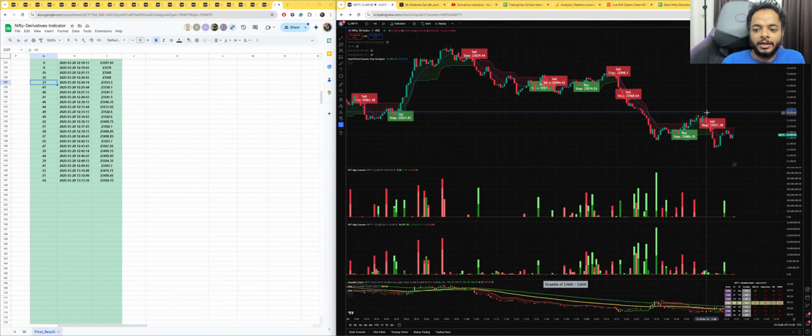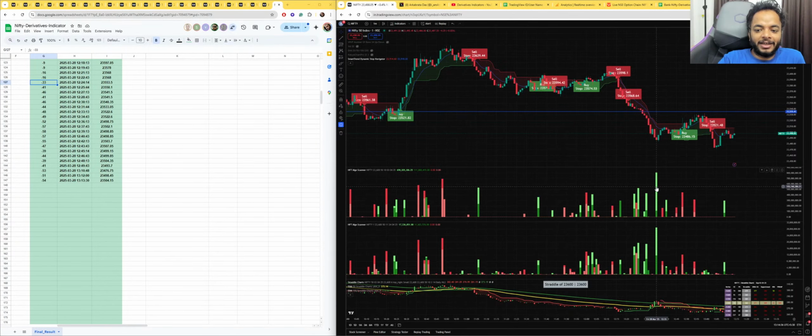The one thing I should tell you also is that many people have asked whether we can know if the big guys have closed their position or not. That is very difficult to say, because mostly what I take is that whenever put buying is going on, either they have closed their positions or they have hedged.